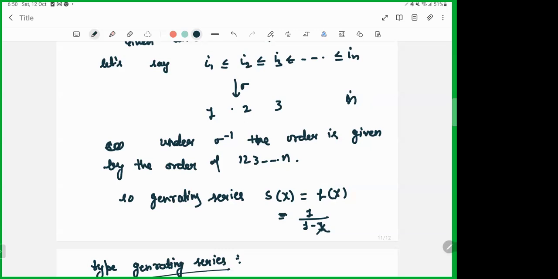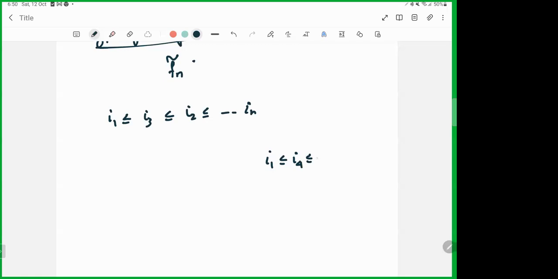If you give me any linear order on n symbols, let's say sigma 1 and sigma 2, suppose you have one linear order I1 less than I3 less than I2 less than and so on up to In, and another linear order, I1 less than I4 less than and so on up to In.